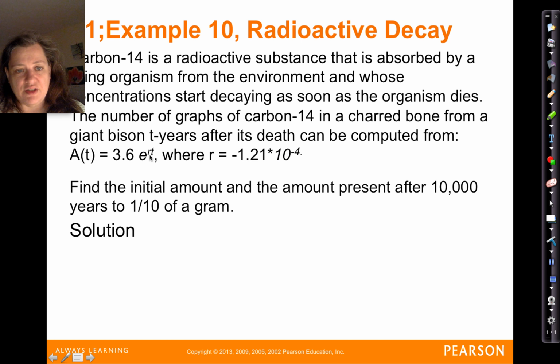Notice that this is a decreasing function, right? Since r is negative, this is really the same as something like this. So a is really the same as 3.6, and something like 1 over e, to the power 1.21 times 10 to the minus 4 times time.